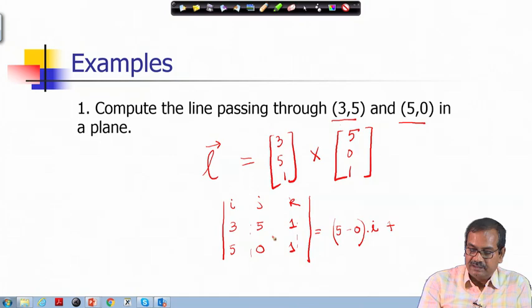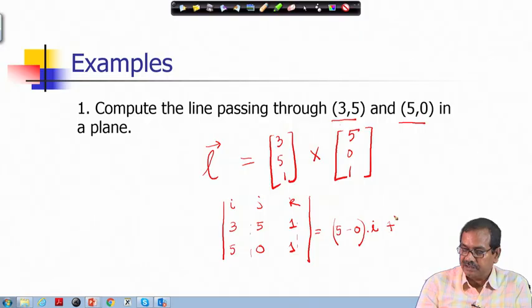Then you suppress this and take the determinant, and you have to take the negative of that. So, this should be minus, then 3 minus 5 j.